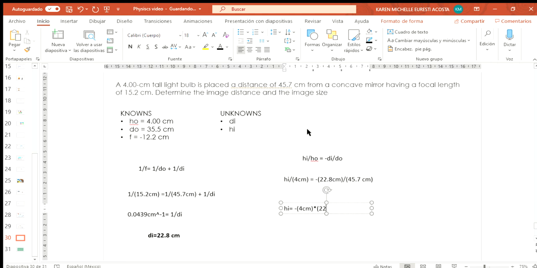Since the sign here is minus, it is at the beginning, and this one doesn't have the sign anymore, times 45.7 centimeters.